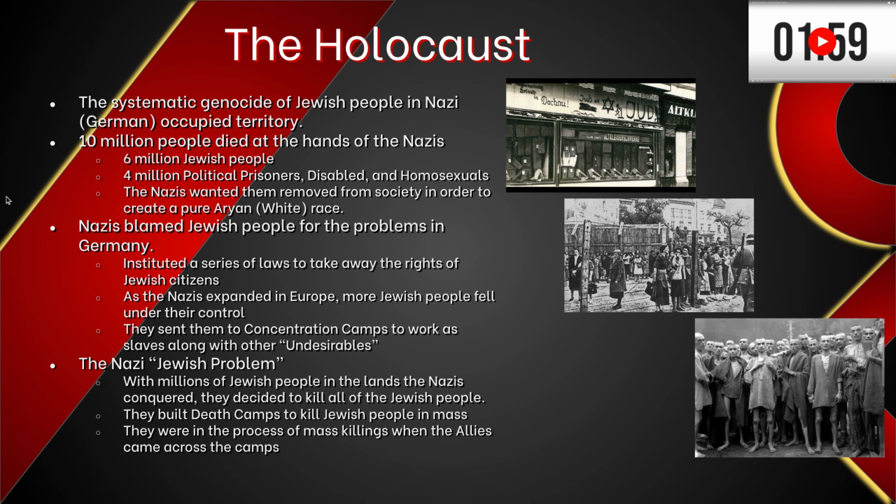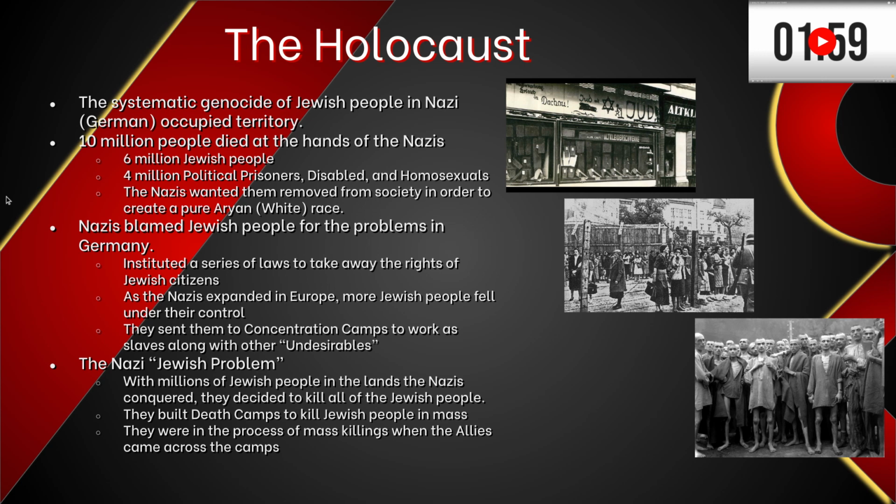Same as with somebody who had a different sexual identity. And then the Jewish people, namely, because the Nazis were anti-Semitic, and they used the Jewish people as a scapegoat, meaning that they blamed the Jewish people for all the problems in Germany.